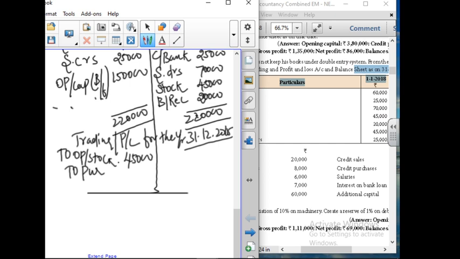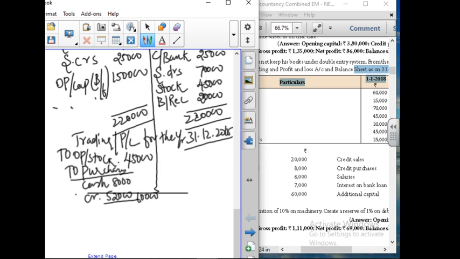They have given both cash purchases and credit purchases, so we are going to use the inner column. Cash purchases 8,000 and credit 52,000. So your outer column amounted to 60,000.